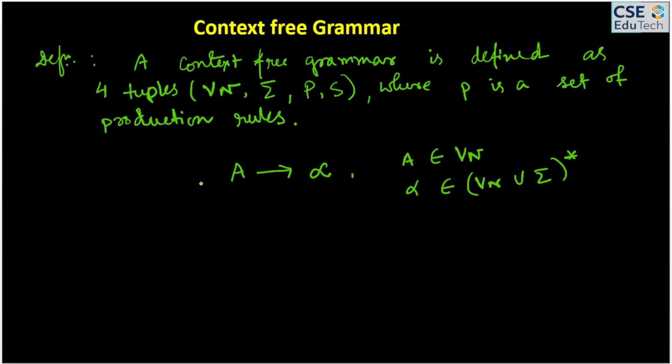So the left hand side of the production is free from any context. That means there is neither left context nor right context. So a production of this form of grammar is called a context free grammar.